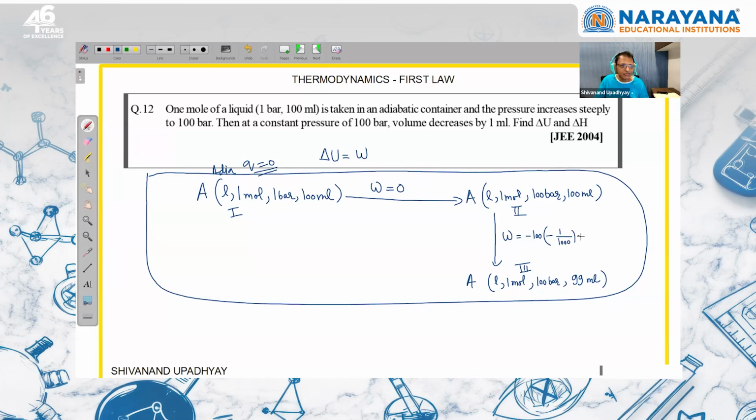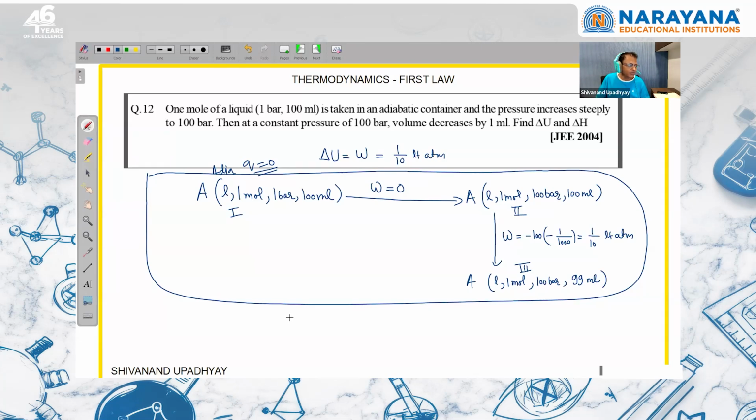So we can say that the work done, because यहाँ पे volume decrease हुआ, work done will be positive, 1/10 liter ATM में ये work done हो गया. For this whole process delta U is W, and W total is this plus this, so we can say that the change in internal energy for the whole system is 1/10 liter ATM.